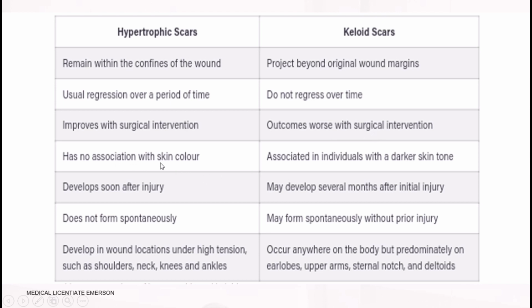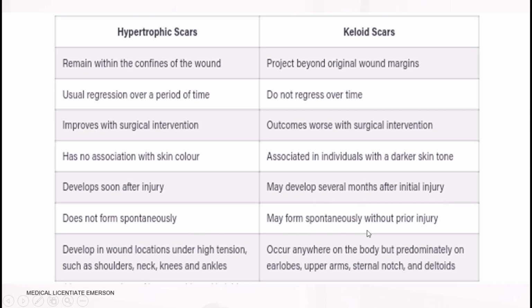Then hypertrophic scars have no association with skin color, whilst keloids are associated with individuals with a darker skin tone. Oh yes, black Africans, that's the most affected race. Then hypertrophic scars develop soon after injury, while keloids may develop several months after the initial injury.